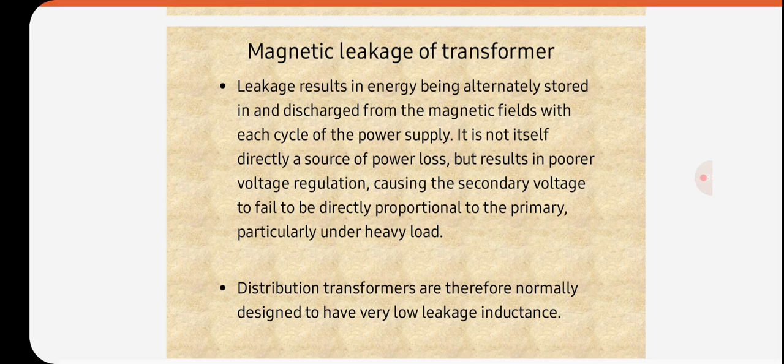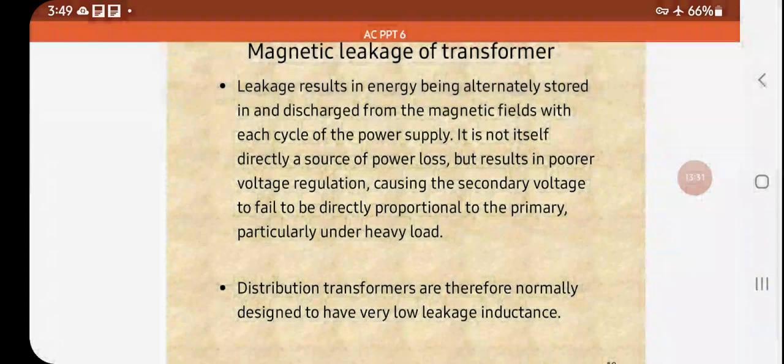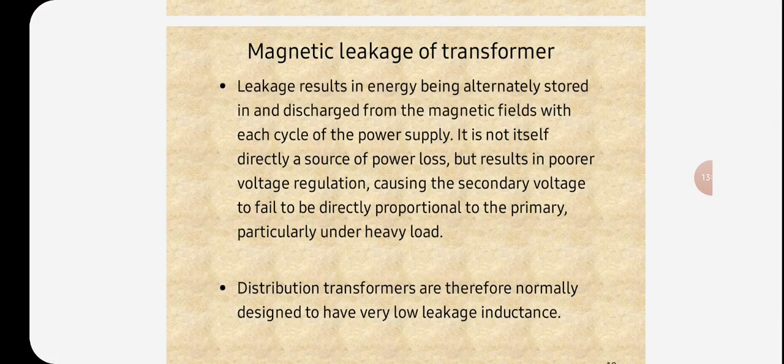Leakage results in energy being alternately stored in and discharged from the magnetic fields with each cycle of the power supply.